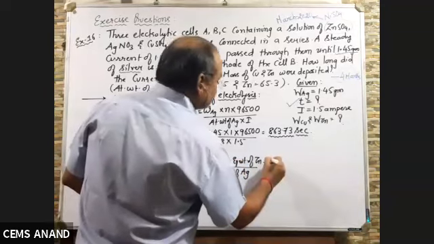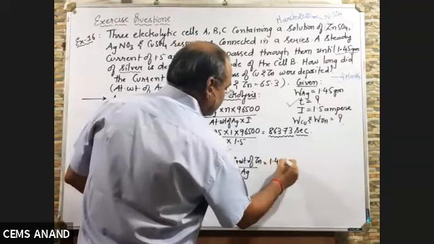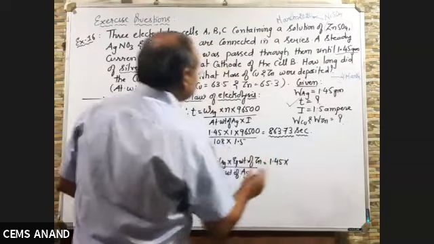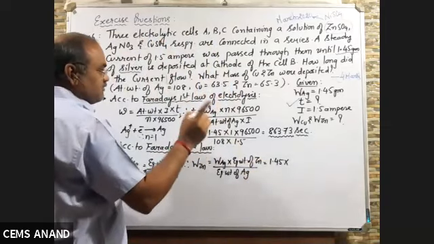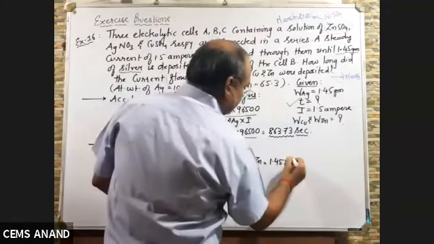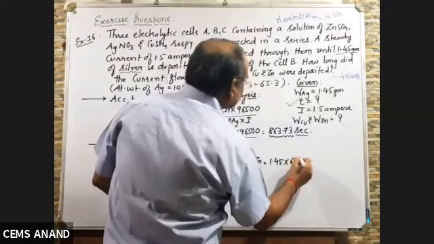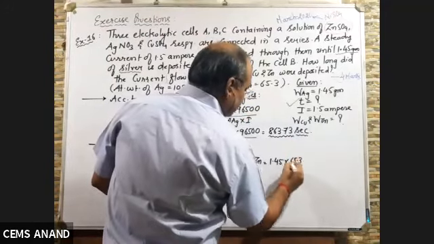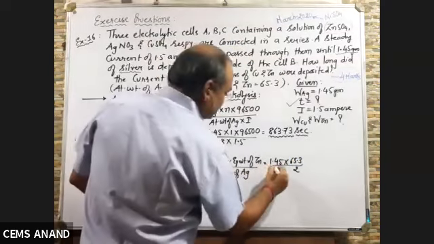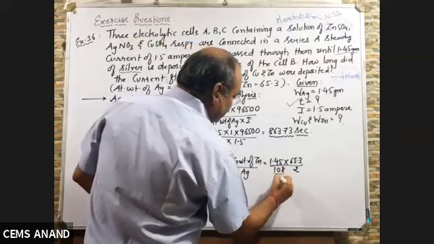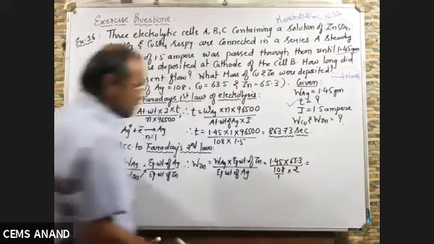Weight of silver given is 1.45. Equivalent weight of zinc is atomic mass divided by number of electron transfer in Zn, which is plus 2. Sorry, 65.3 divided by 2, into equivalent weight of silver 108 by 1. So this you have to solve.